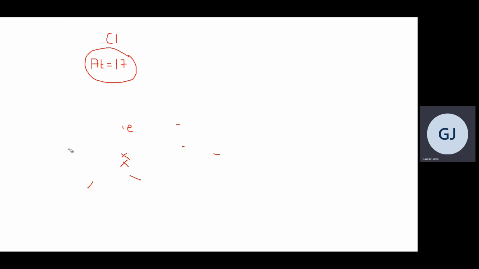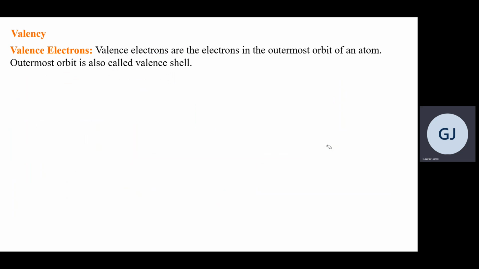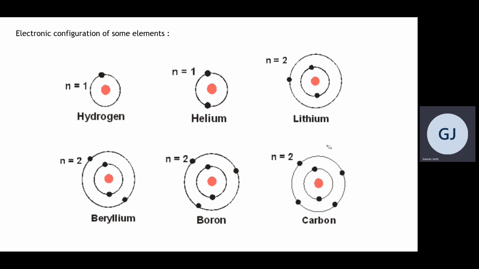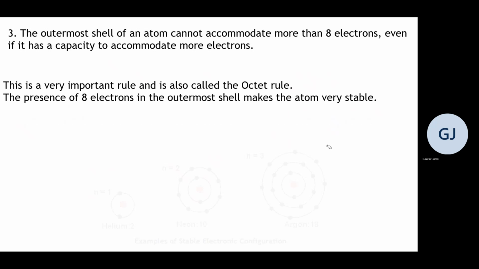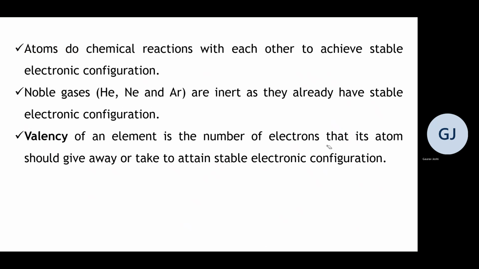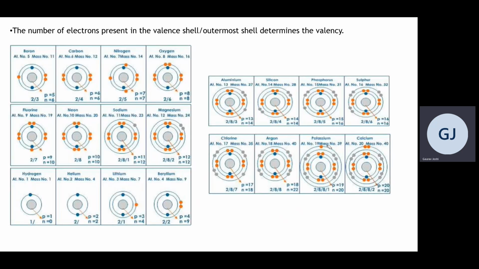So I have rubbed this board now, and we'll move this to the back. Basically, this is our oxygen. Oxygen has an atomic number of 8 and hydrogen has an atomic number of 1.